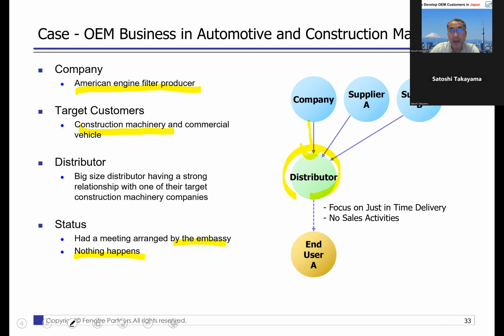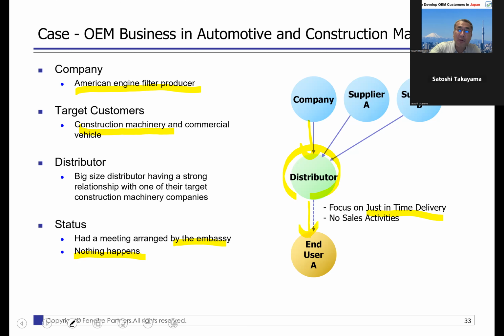In this industry, automotive or commercial vehicles, the role of the distributor is just-in-time delivery, and they usually don't promote a particular product. Usually this distributor has a big warehouse next to end user A's factory, and they stock thousands of different types of products and deliver them just-in-time.